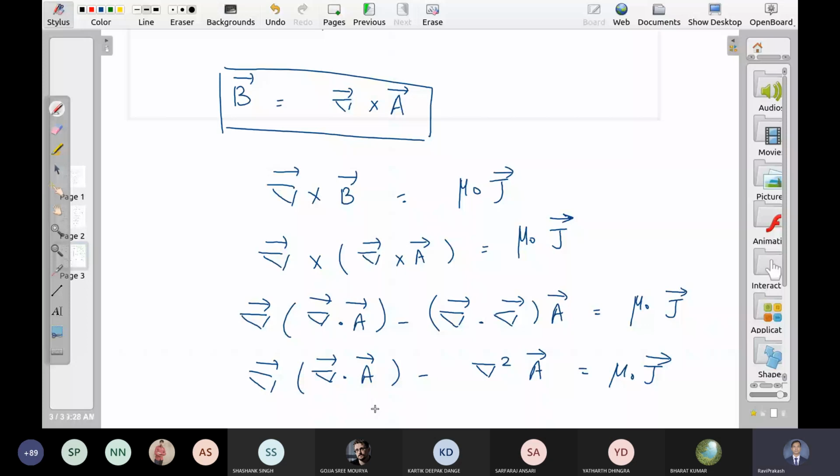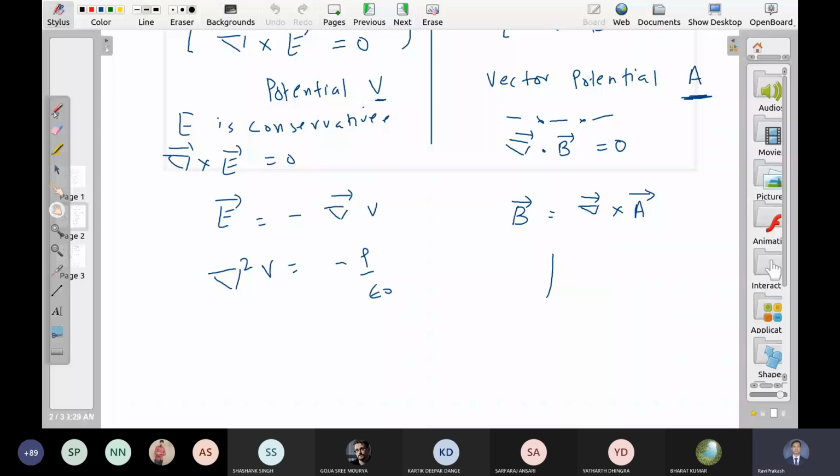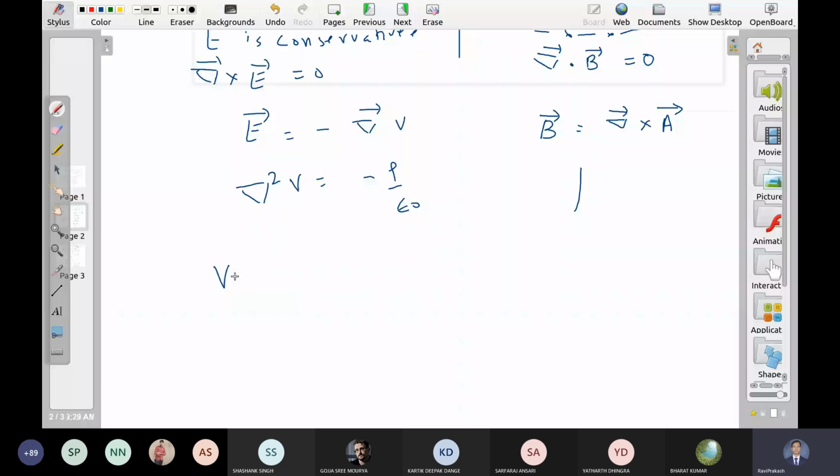So let me again go back to the potential term, electric potential. Let us say we have one potential V1 and we have another potential V2, which is V1 plus some constant. Do they produce same electric field or different? If I convert this potential to electric field, let us say it becomes E1, and let us say this becomes E2.